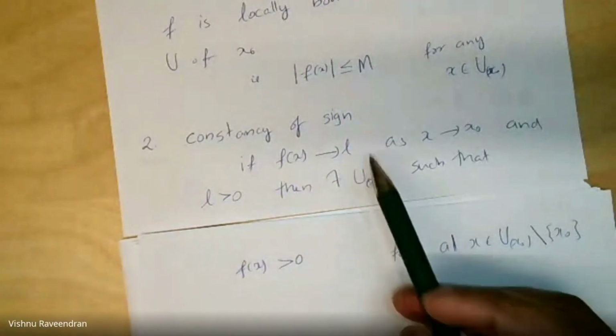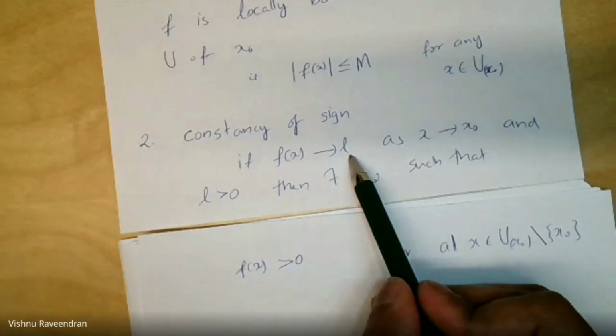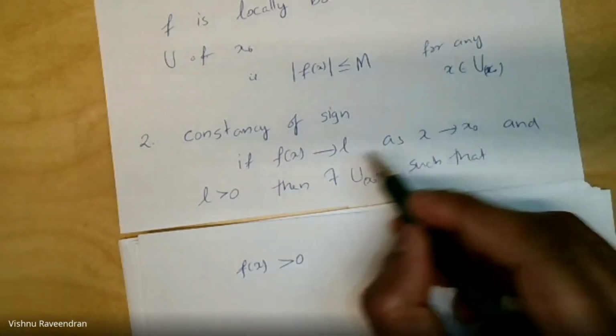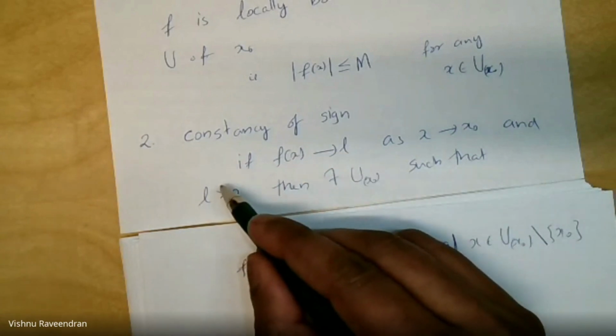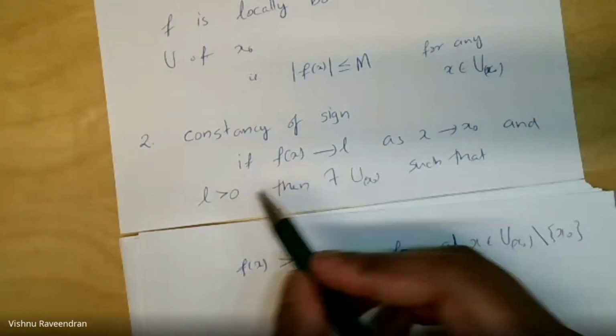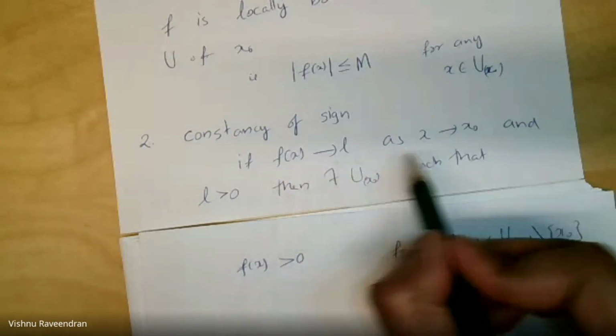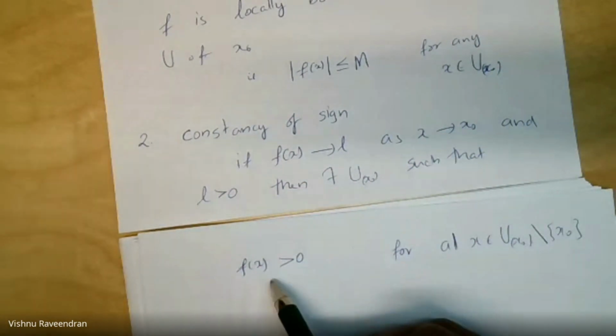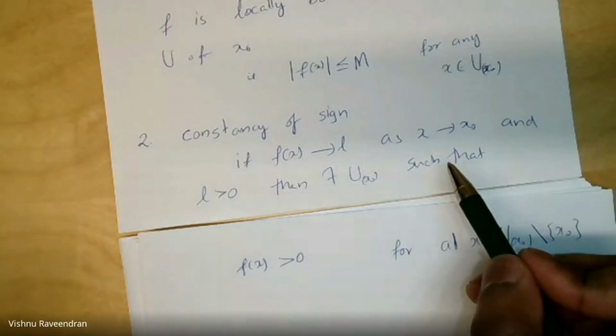What it's saying is that if f of x goes to L at x naught, then on the neighborhood of x naught, f will be positive if L is positive. You can do it the other way also. If L is negative, then you can find a neighborhood of x naught such that f is negative on that neighborhood.